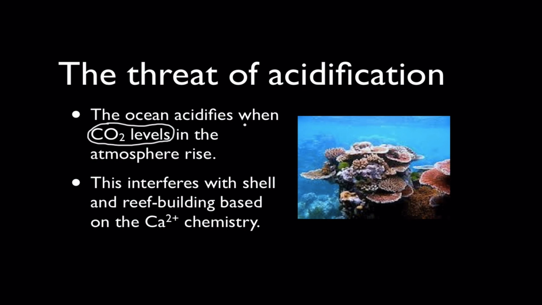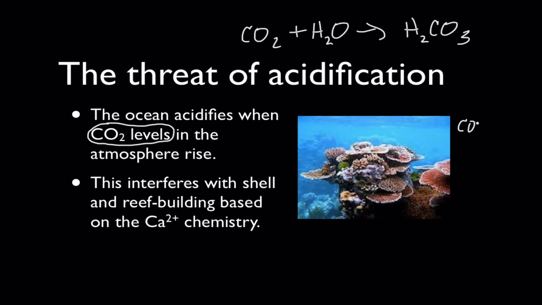And if you remember what CO2 does, CO2 combines with water to produce H2CO3, which is carbonic acid. Carbonic acid releases hydrogen ions. So when the atmosphere's CO2 level increases, the CO2 combines with ocean water and causes ocean water to become more and more acidic.